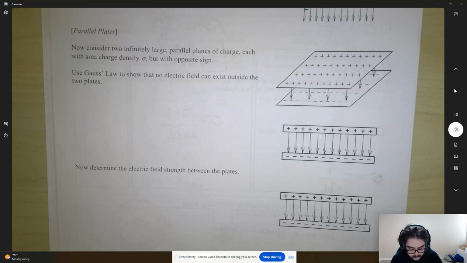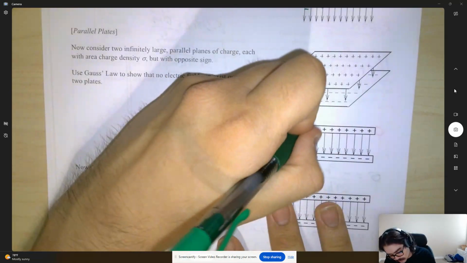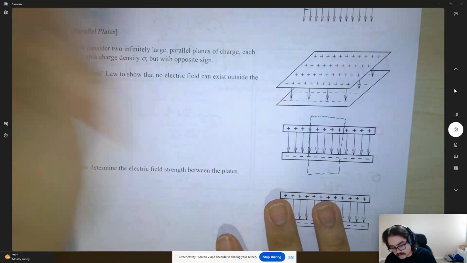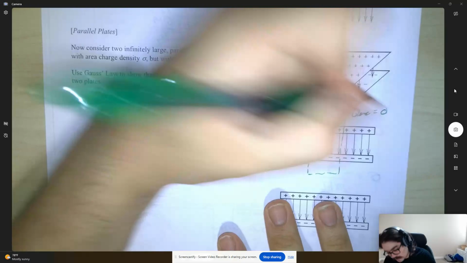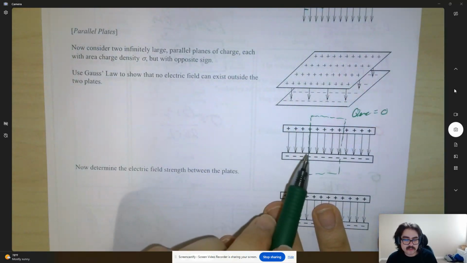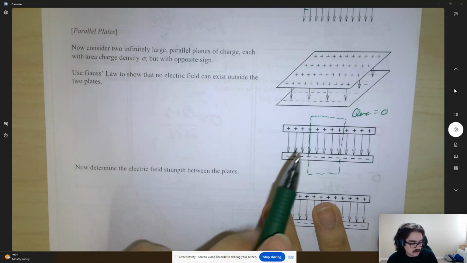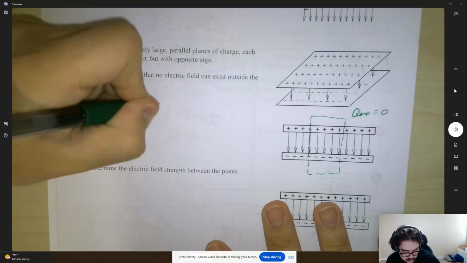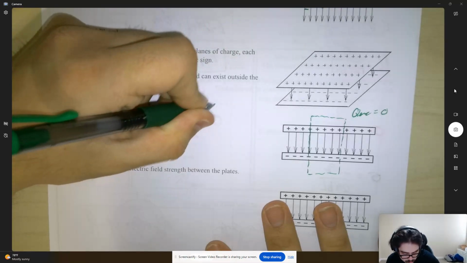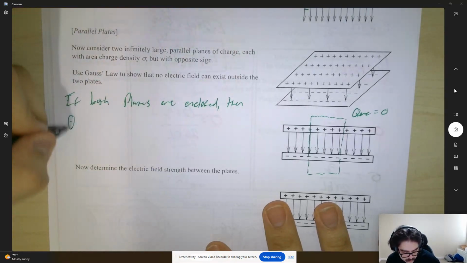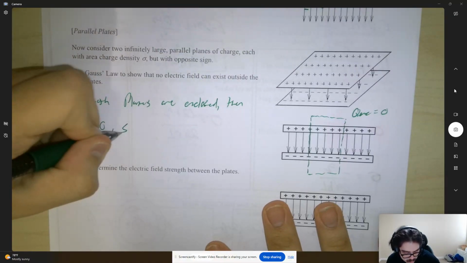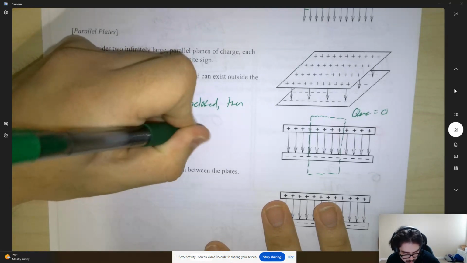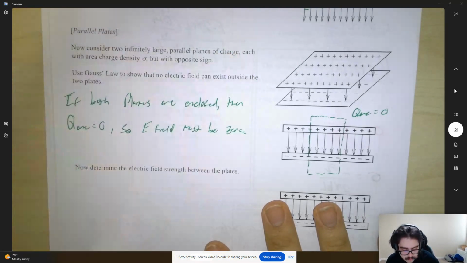If I draw my Gaussian surface to encompass both plates, then you'll notice that Q enclosed is equal to 0, because I have the same amount of positive charge enclosed as negative charge. So if both plates are enclosed, then Q enclosed equals 0, so the E field must be 0.